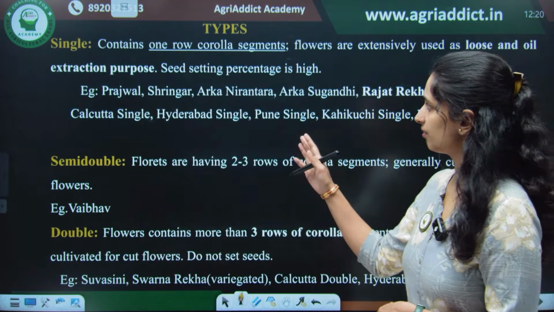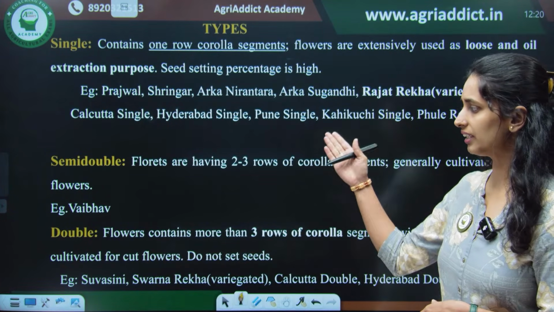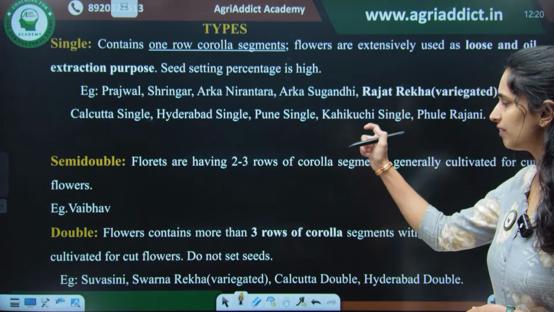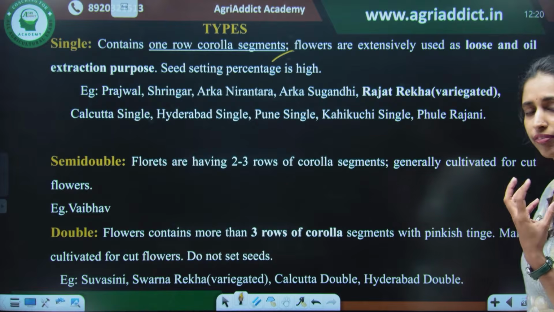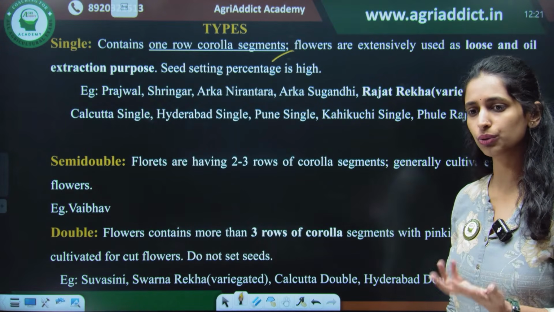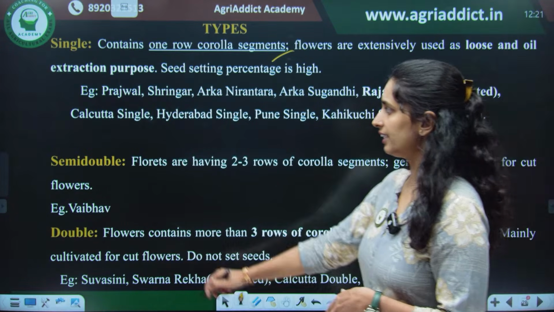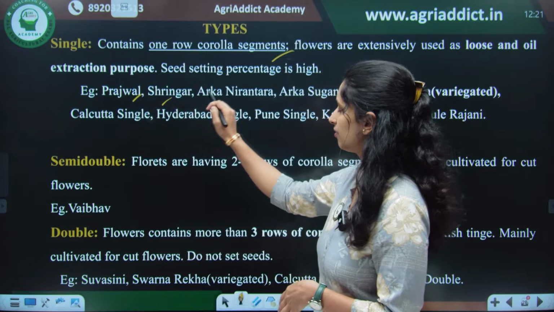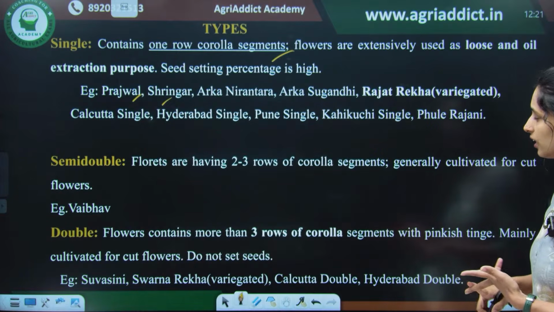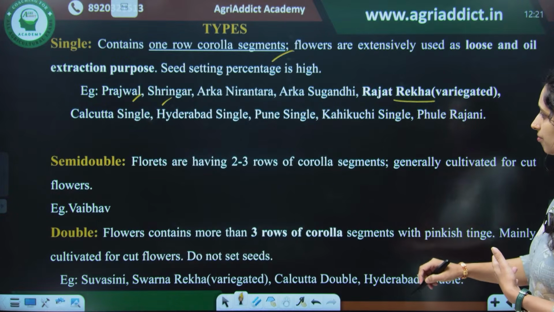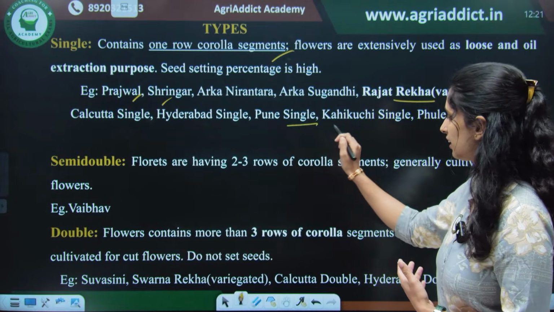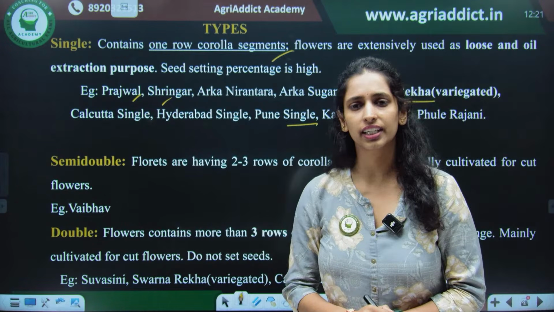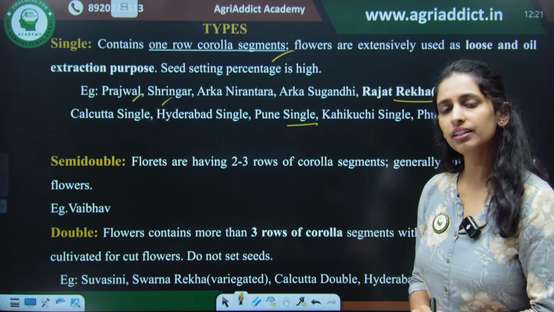So mainly there are three types: single, semi-double and doubles. Singles will be having the single row of segments. Mainly they are very fragrant, used as a loose flower and are used in the perfumery. The varieties like Prajwal, Shringar, Arka Nirantara, Arka Sugandhi, Rajat Rekha, Calcutta single, Calcutta Hyderabad single, Pune single. These are examples for the single type. And semi-double, इसमें क्या होता है?